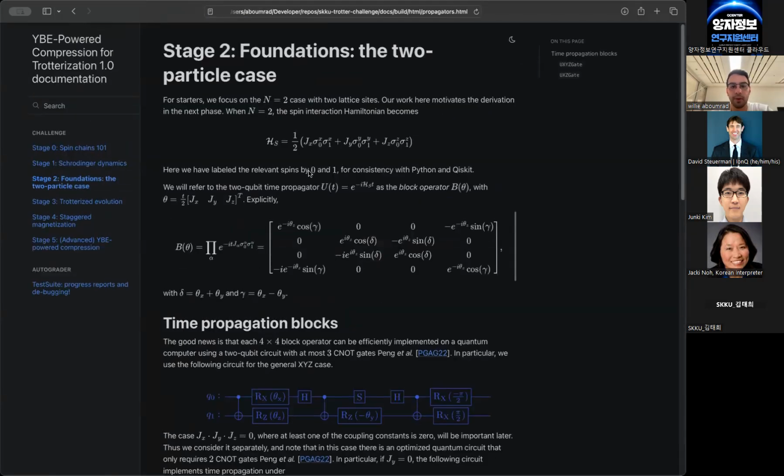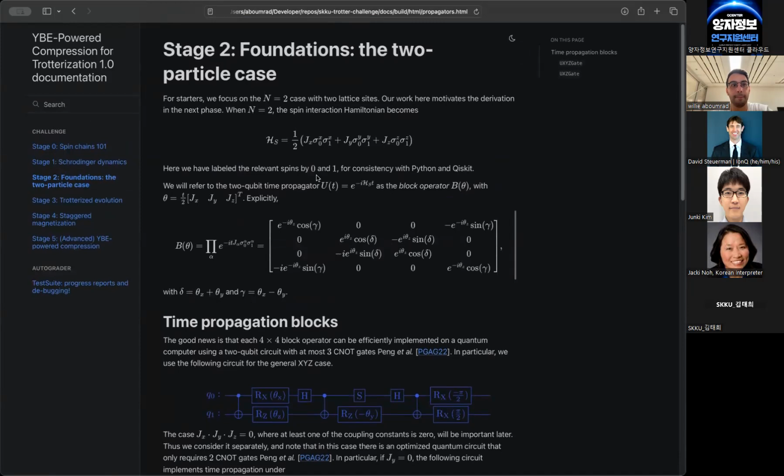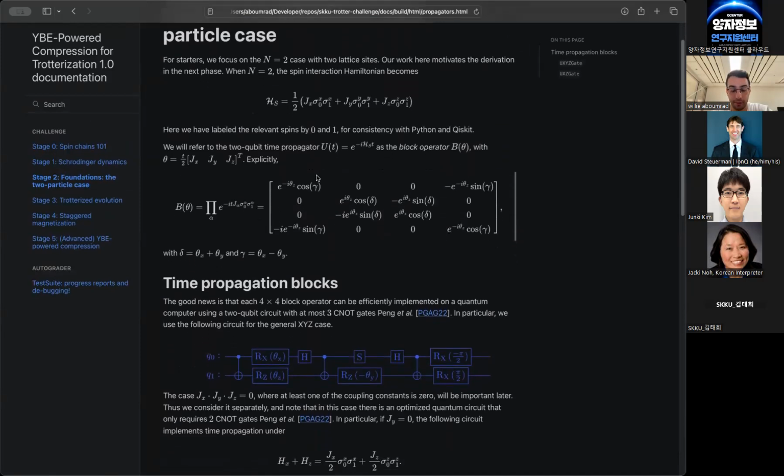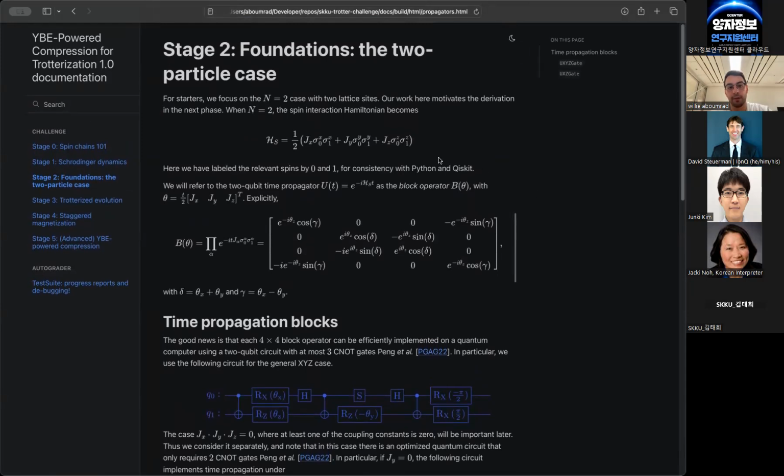Okay, so it all starts off by thinking about just the two-particle case. What happens if you have just a spin chain with two pieces? The way that we're going to do this basically assigns one qubit in your quantum computer to a spin.